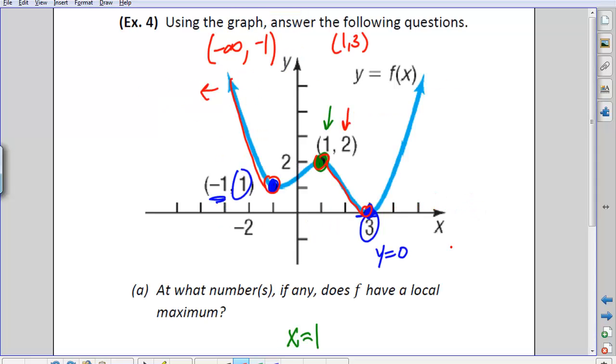Now where are we increasing? That would be this piece and this piece. So that would be from here, -1 to the x value there, which is 1. Then here from 3, it keeps going to the right, so to infinity.